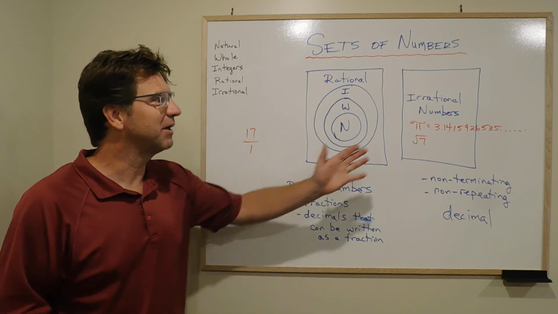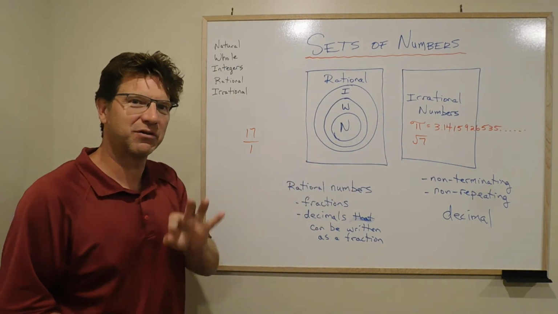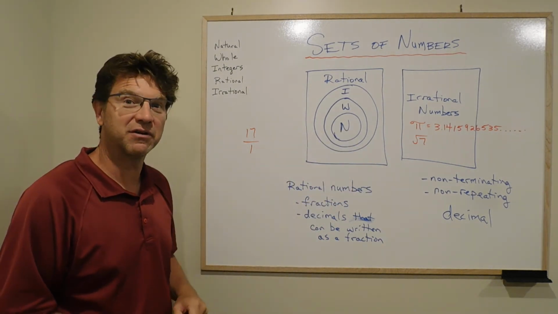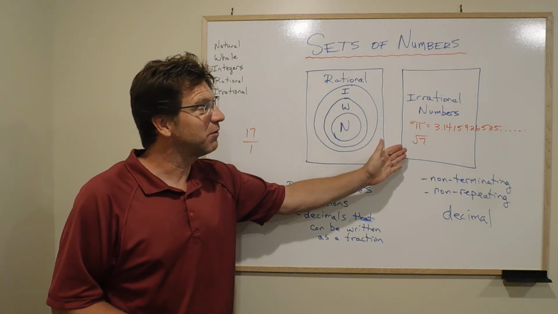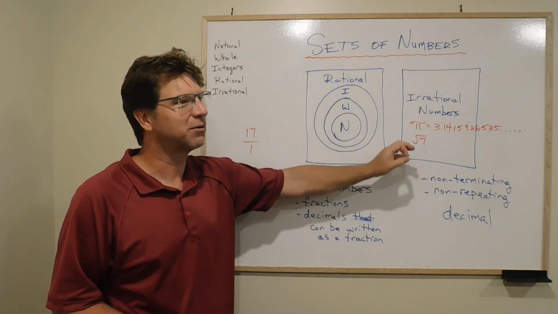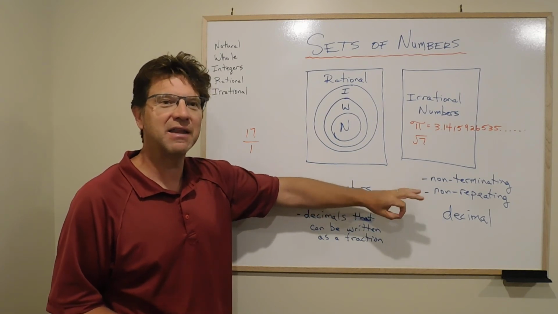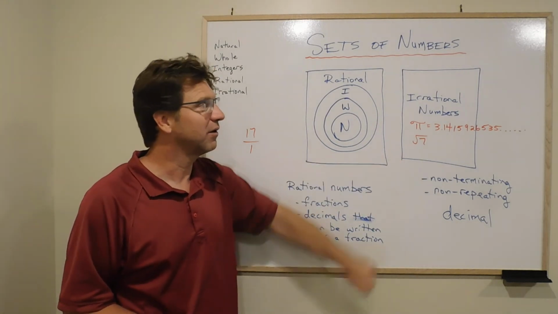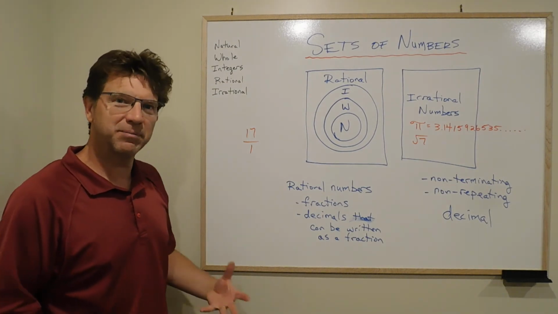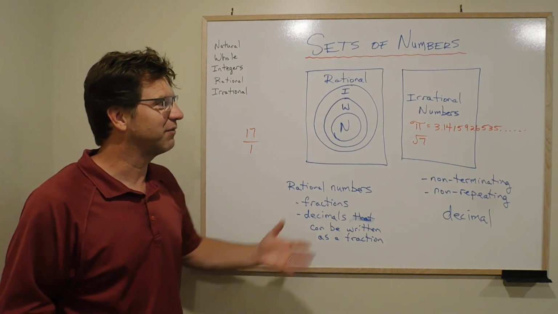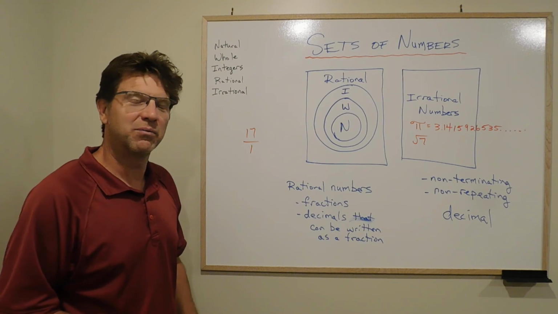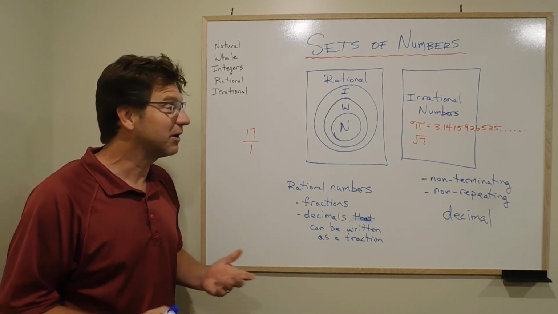So it would not be irrational, because the square root of 9 is 3, which is actually just a natural number. So any square root that is not a perfect square, like the square root of 9, or the square root of 16, or the square root of 25, any that are not those are all irrational numbers. So it ends up being a lot of them, because any number that you have that you can take a square root with, almost any number will be irrational.